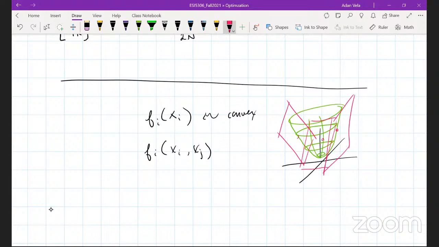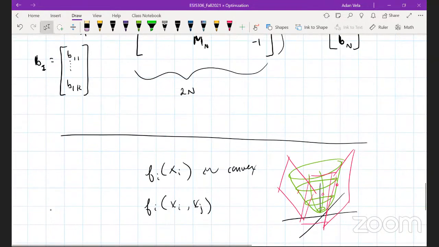And the problem is normally people don't do this because figuring out how many planes you need is hard. Basically, you have this curse of dimensionality. Let's say you needed 5 tangent points for each function here.